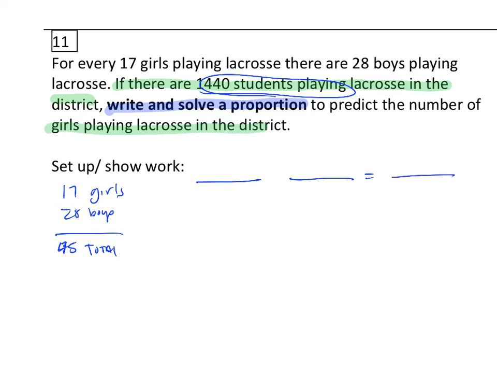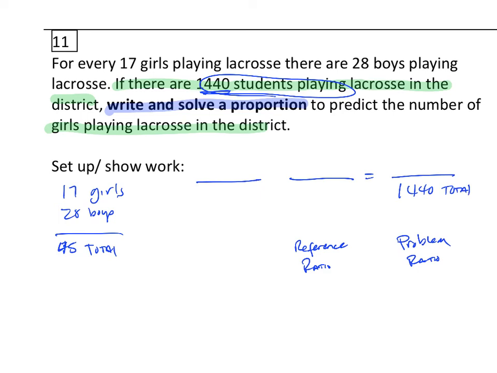And what we're talking about, the 1440, that's the total. So remember, we're going to have our reference ratio and our problem ratio. And what people will do is compare the wrong things and put the wrong numbers in. But the 1440, that's the total.